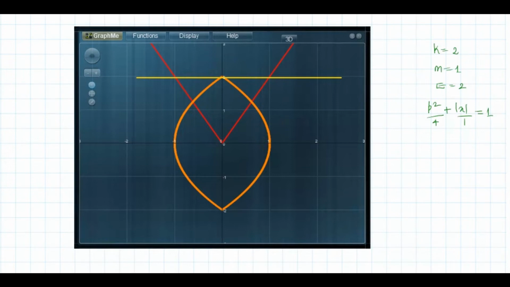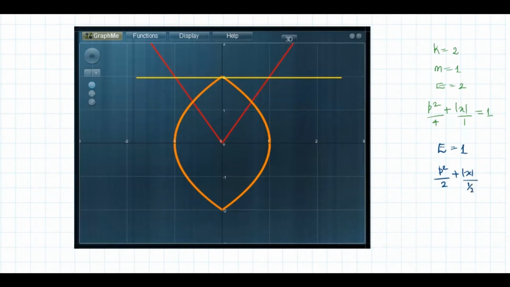If I decrease the energy value, if I take E as 1, then this becomes p square by 2 plus mod x divided by root E by k, with E equal to 1.